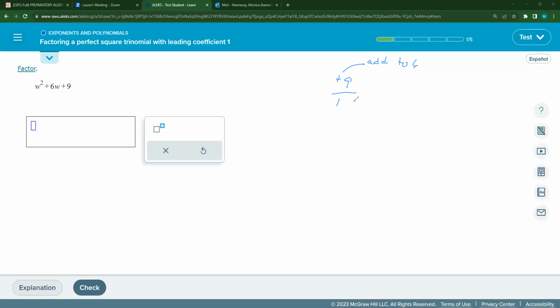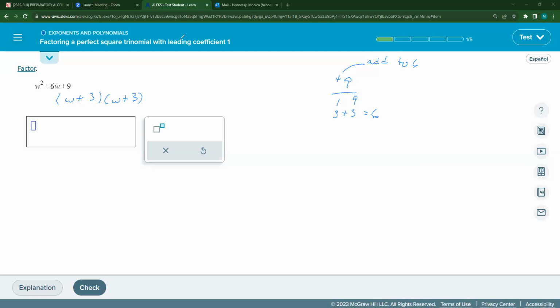So 9 is 1 and 9, and 3 and 3. 3 plus 3 equals 6. So this is going to be 2 parentheses, W and a W, and a 3 plus 3.